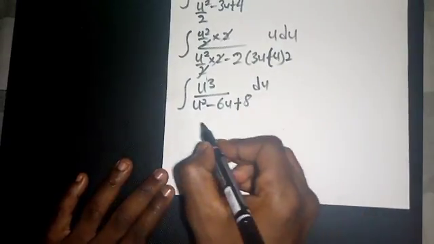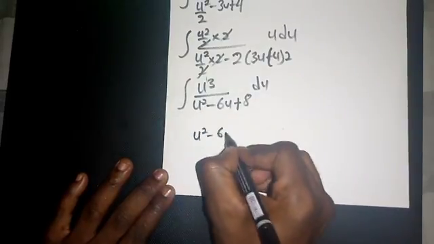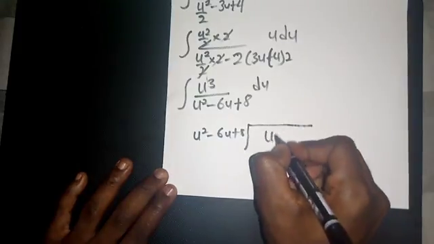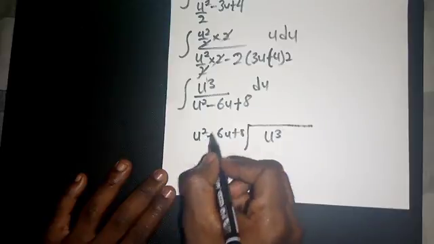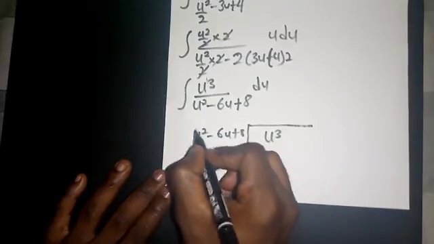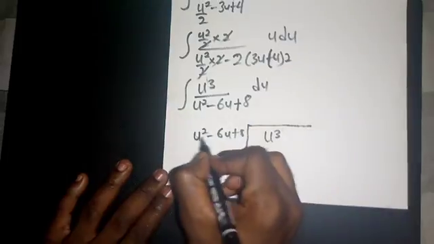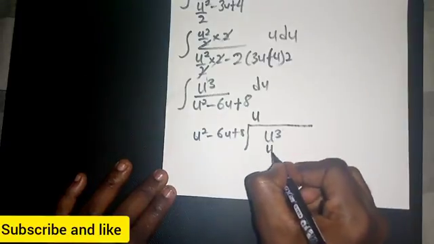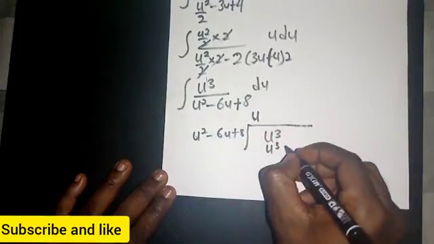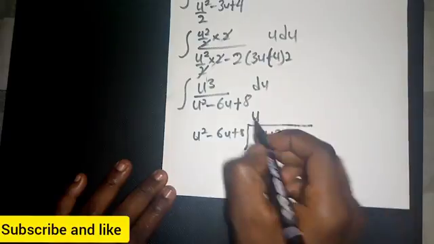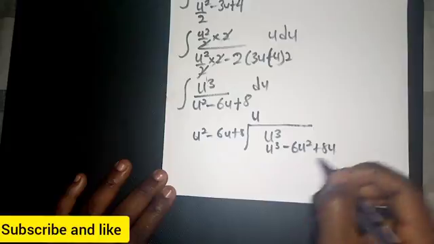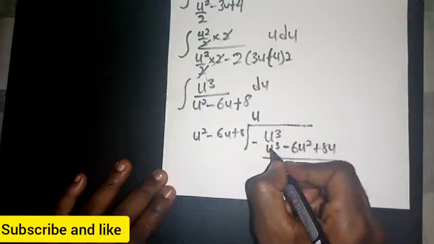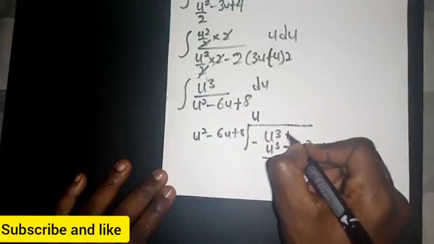Now performing the long division, we have u squared minus 6u plus 8, then we have u cubed into it. u goes into this, and u multiplied by u squared is just u cubed, then u multiplied by negative 6u is just negative 6u squared, then u multiplied by 8 is just positive 8u. So u cubed minus u cubed goes away, then we have plus 0.